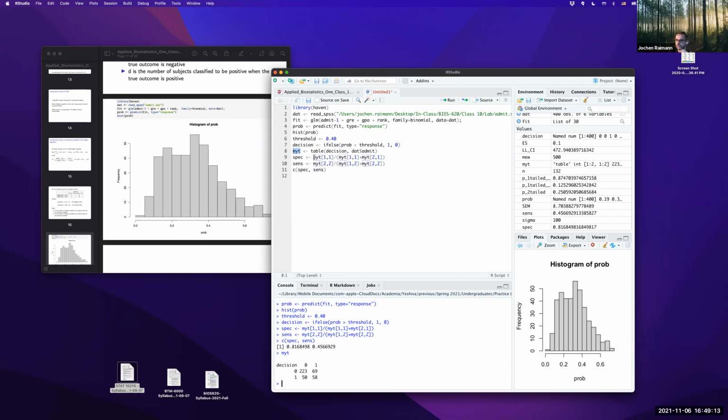So sensitivity and specificity. Again, we have here true positives, true negatives. So specificity is MYT 1, so that's true negatives, divided by true negatives plus our false positives.